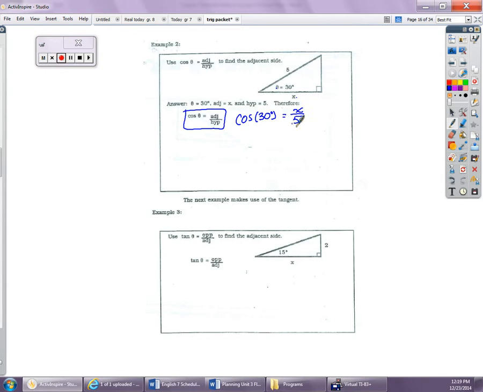Now we multiply by the denominator, and notice this time the denominator is 5, so we multiply both sides by 5. When I rewrite it, I have 5 times the cosine of 30 degrees is equal to x. Since it equals x, I can plug everything in the calculator.